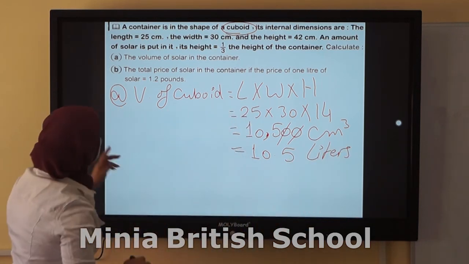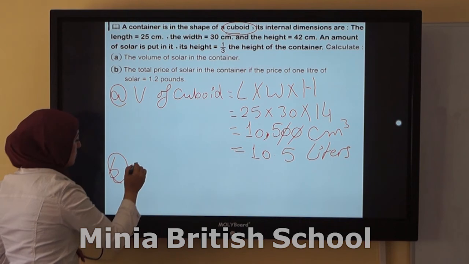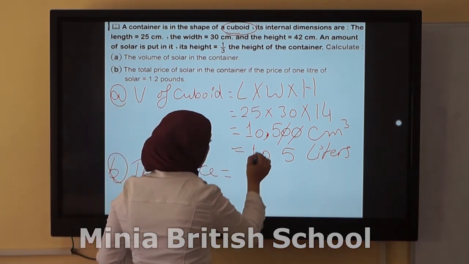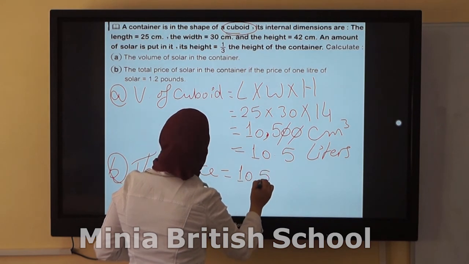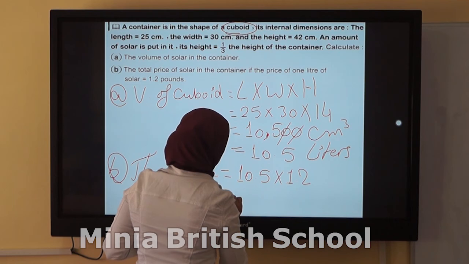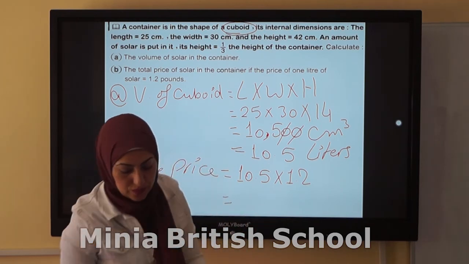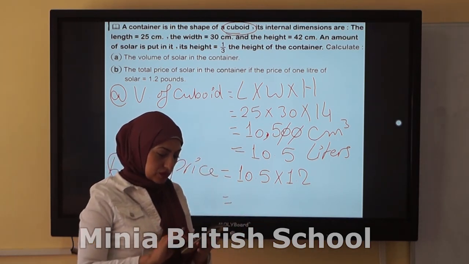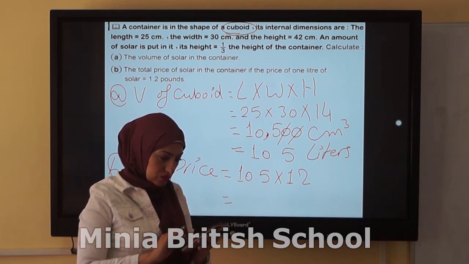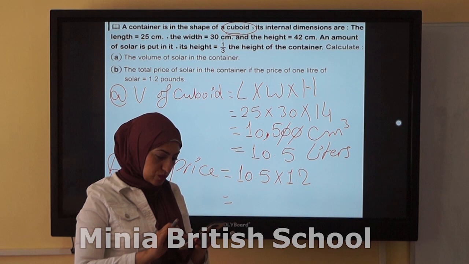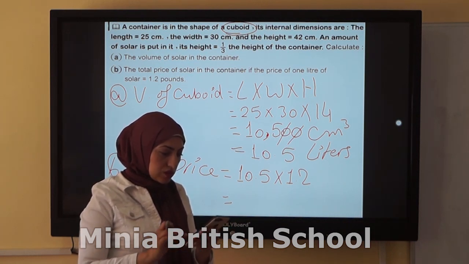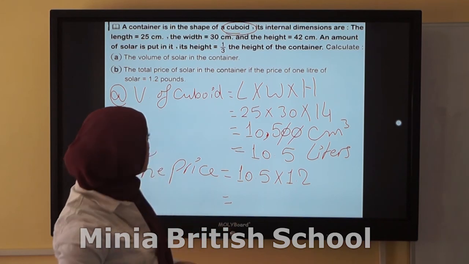Okay? Now the price equals 10.5 times what? Times 1.2 equals 10.5 times 1.2 equals 12.6 pounds.